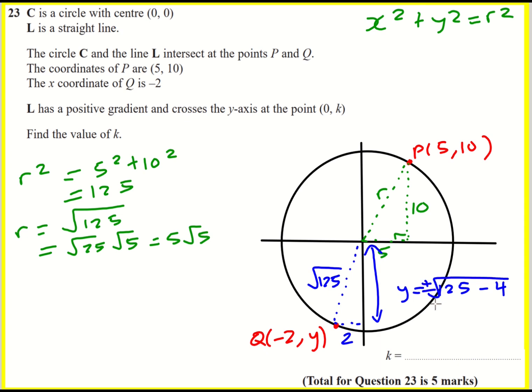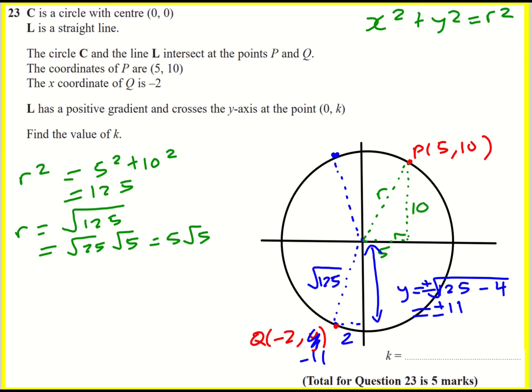Technically, I need a plus or minus in here, because I'm not just applying Pythagoras' theorem to find a length now. There are going to be two different values that would give me an x coordinate of minus 2, actually. So I'm looking for the negative y value, so I definitely need that negative in there. It's going to be plus or minus root 121, which is 11, and I'm going to take the negative. So this here is minus 11.